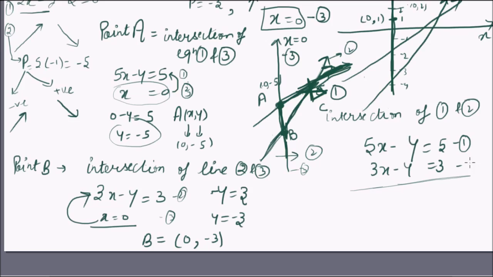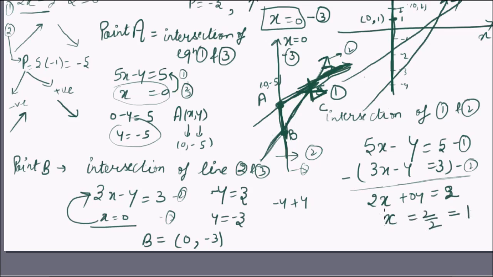Thus subtracting 2 from 1, we get 5x minus 3x equals 2x, and minus y, minus and minus becomes positive, thus minus y plus y, which is 0y, equals 5 minus 3, sorry, 2. That is x equals 2 over 2, which is 1.